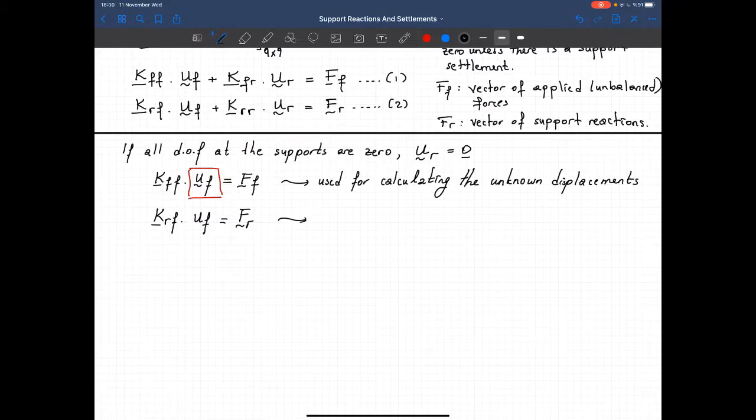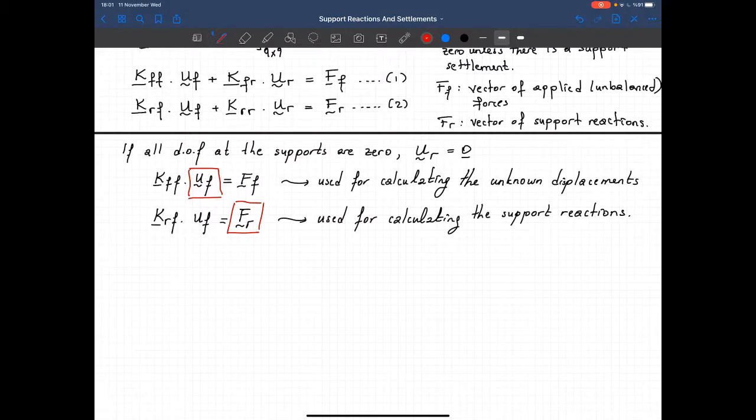This one is used for calculating the support reactions. So in that case, we are using the second equation to calculate FR, and FR will be our final support reactions.